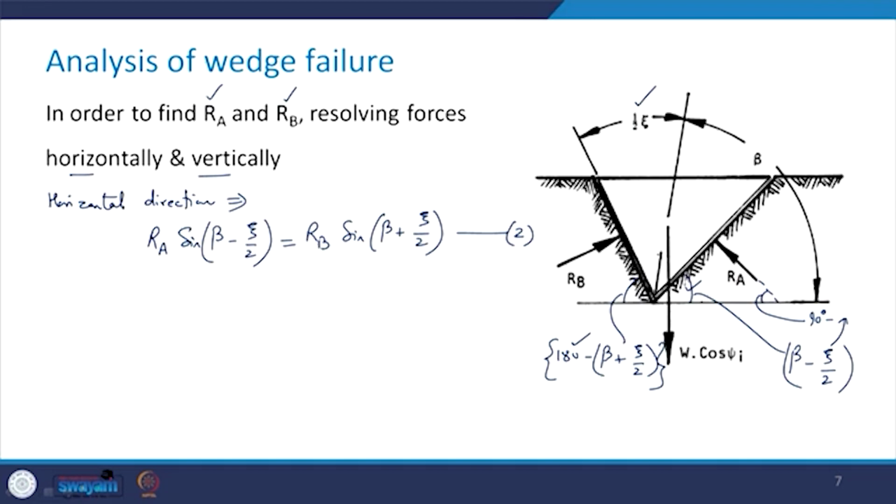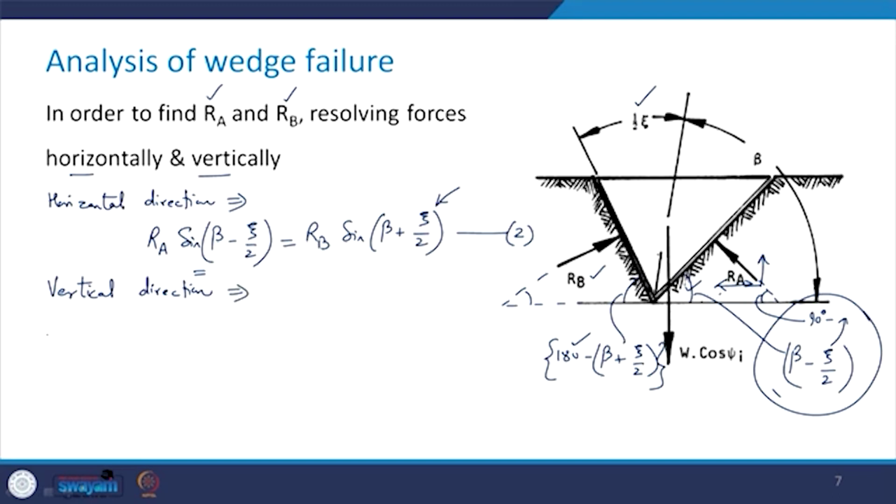And its horizontal component is going to be RA cos of this angle 90 minus beta minus zeta by 2. So, 90 minus theta is sine theta. That is how we will get this term. Similarly, you can find out this angle and get the component of RB in the horizontal direction, and you will get this expression.